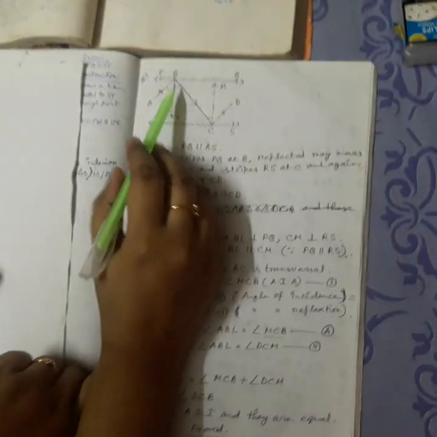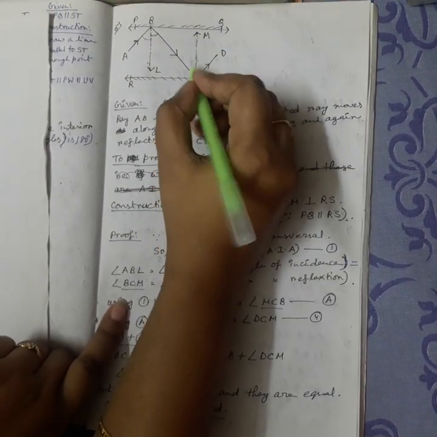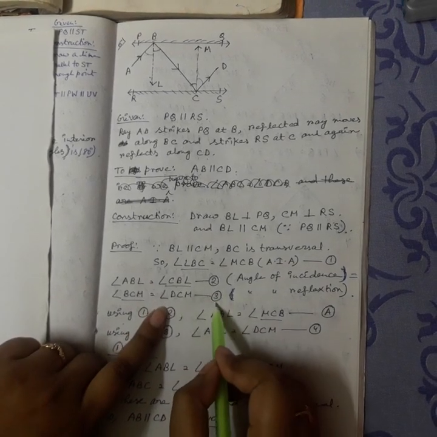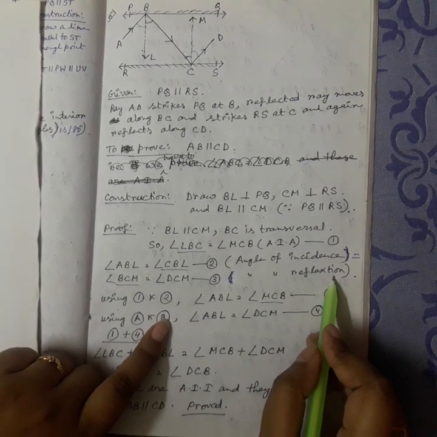And similarly angle BCM equal to angle DCM. These two angles are also equal. This is 2 and this is 3. Both the reasons are angle of incidence equal to angle of reflection.